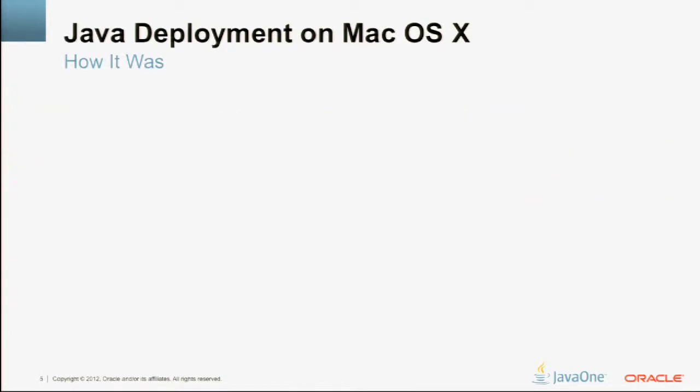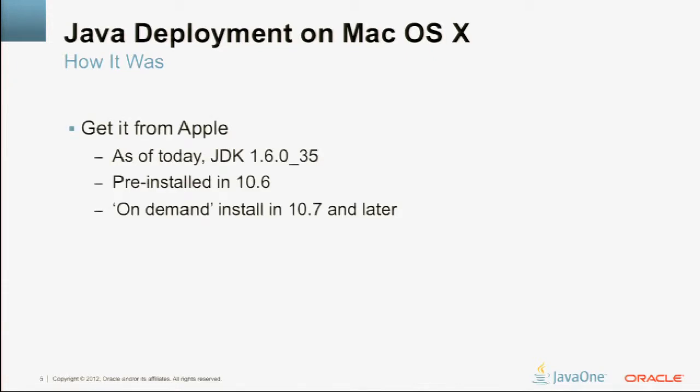All right, so how it was with Java on the Mac was that Apple's been a licensee, and actually still is. But you got it from Apple. As of right now, it's 6 update 35, and they've been doing a pretty good job of tracking the 6 updates. On 10.6, it was pre-installed.